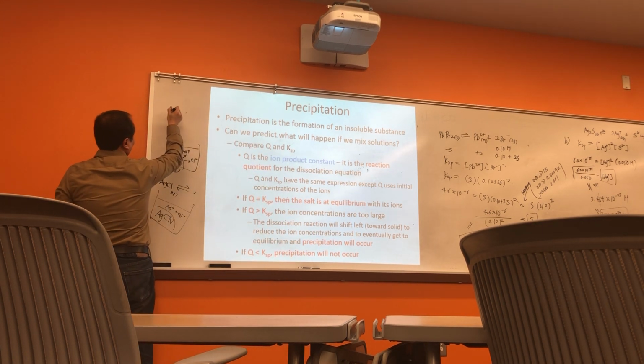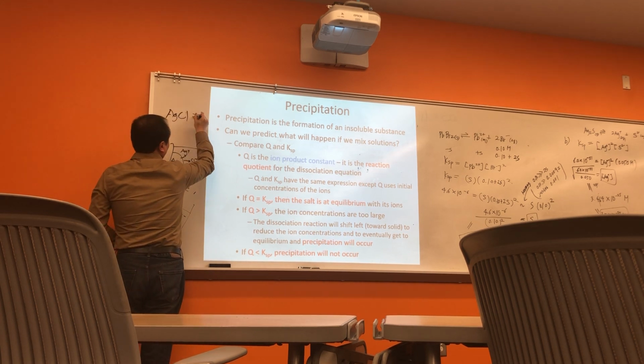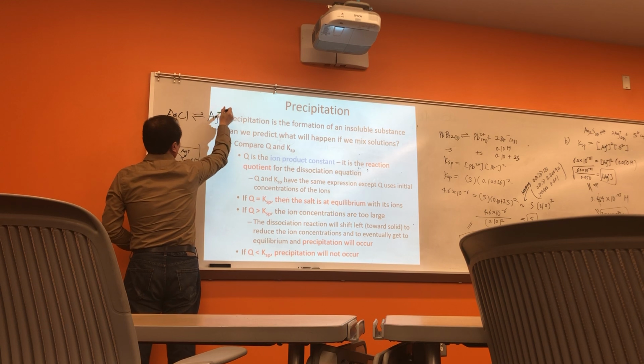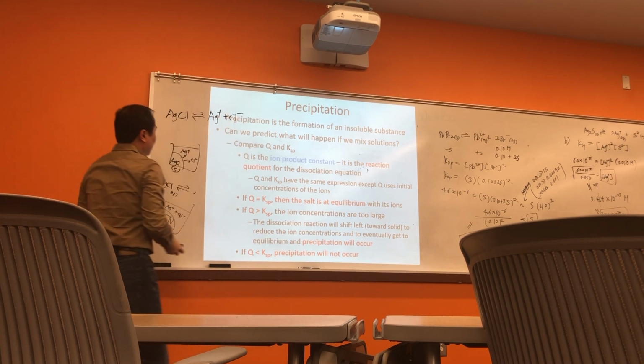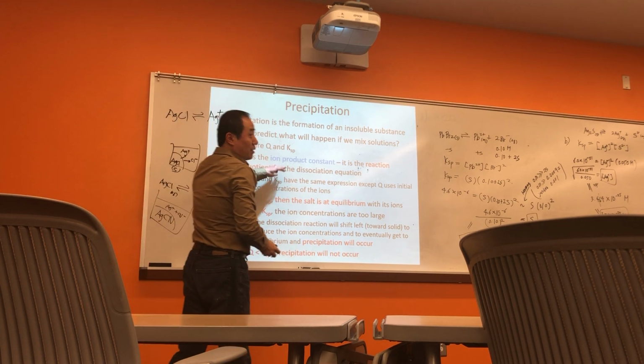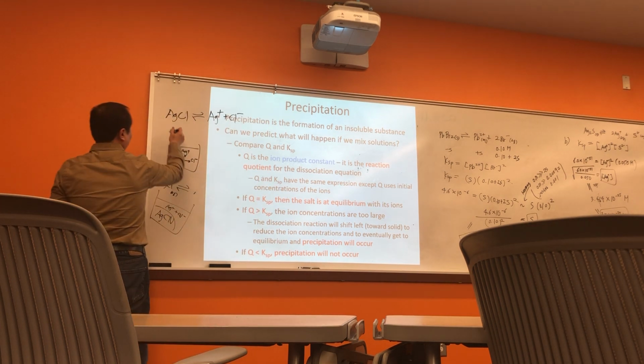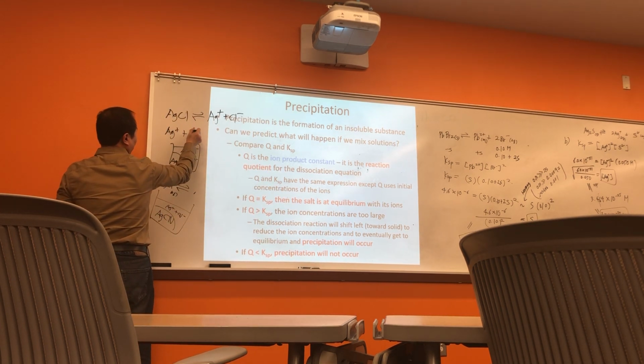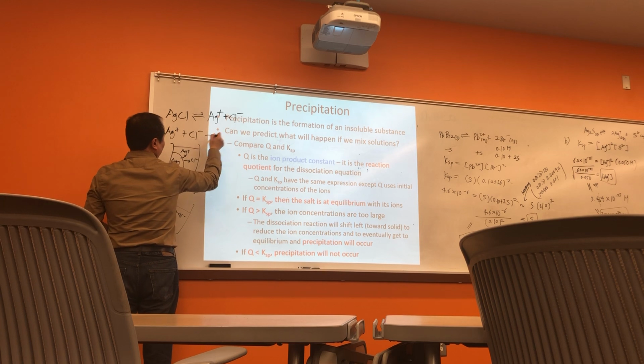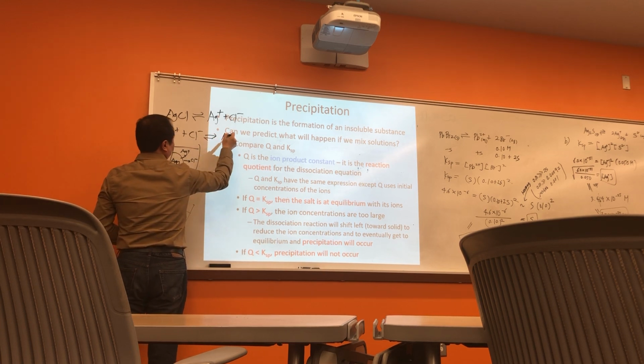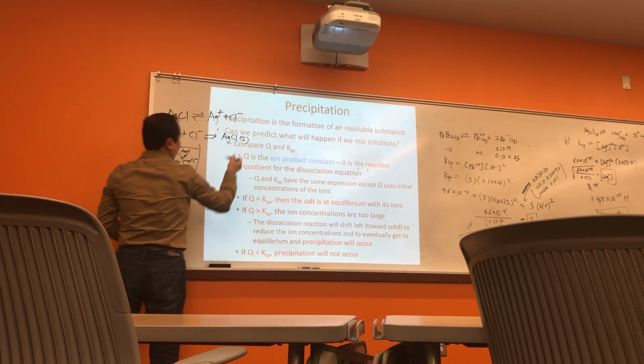Now, when we talk about solid product, we have salt dissociate into ion. This slide is saying the opposite. If you have certain ions, they will make precipitate. Okay?